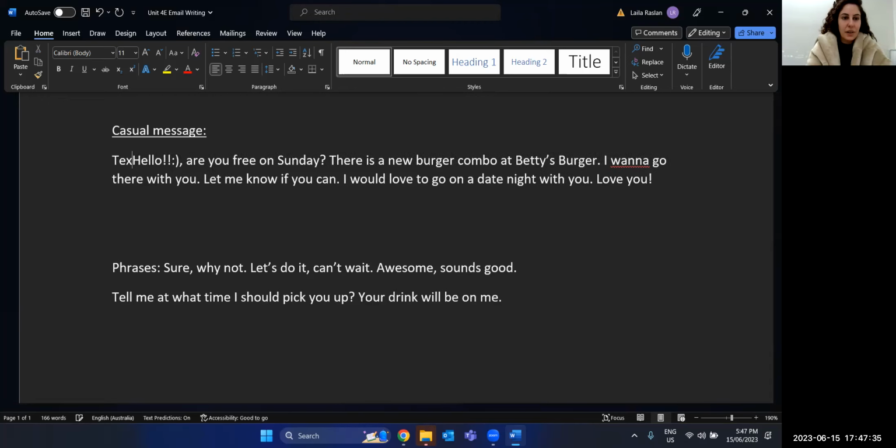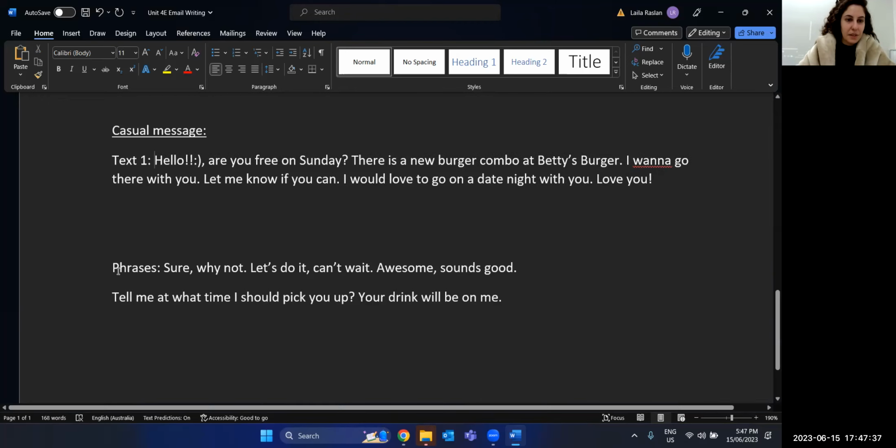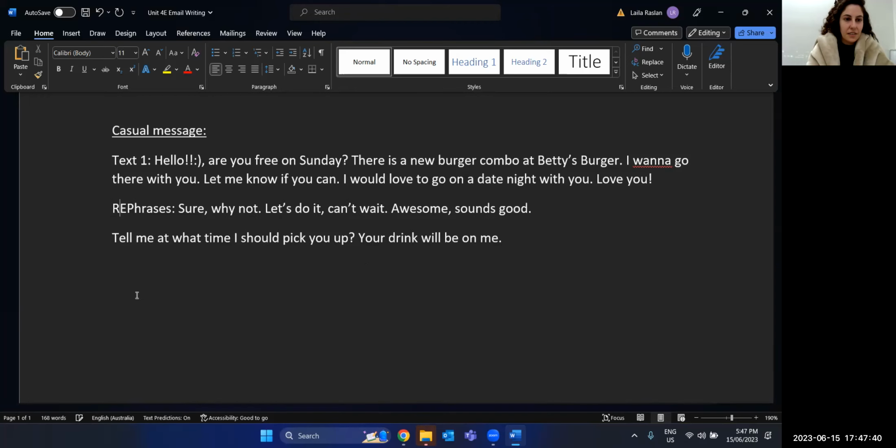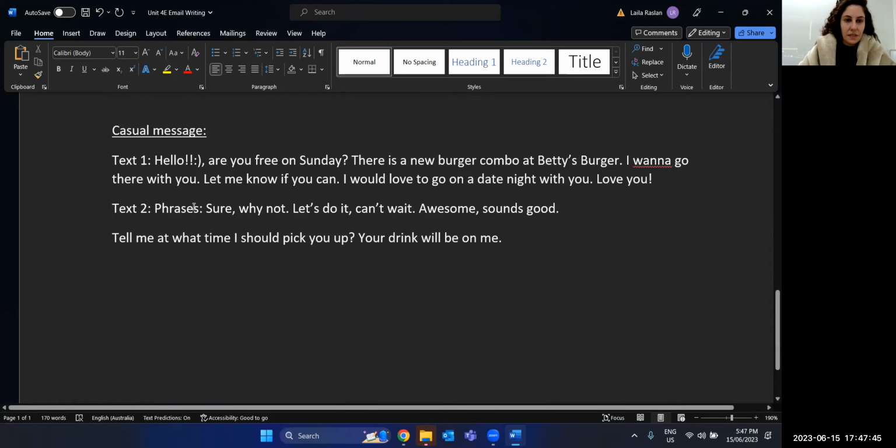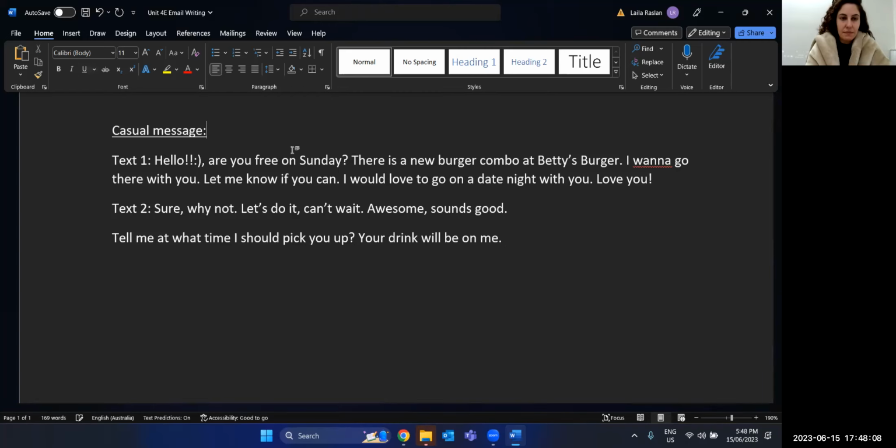So this could be text 1, and this could be the person responding, text 2. They could say, sure, why not? Let's do it. These are just different ways. Can't wait. Awesome. Sounds good. Tell me at what time I should pick you up. Your drink will be on me. So very casual conversations in these text messages. Remember, this could be a text message or an SMS.